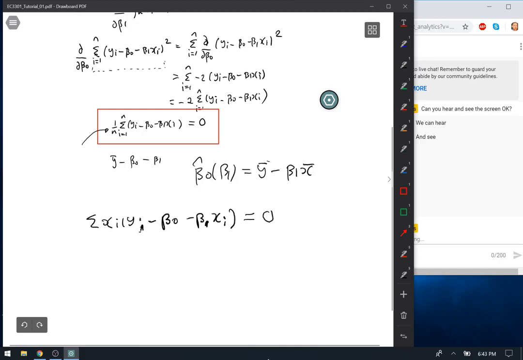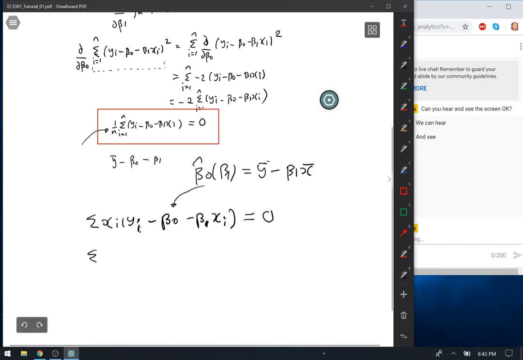We've already got b hat naught, the optimizer for b naught given b1, so we can plug that in. Remember, we're going to solve for b hat naught and b hat 1.